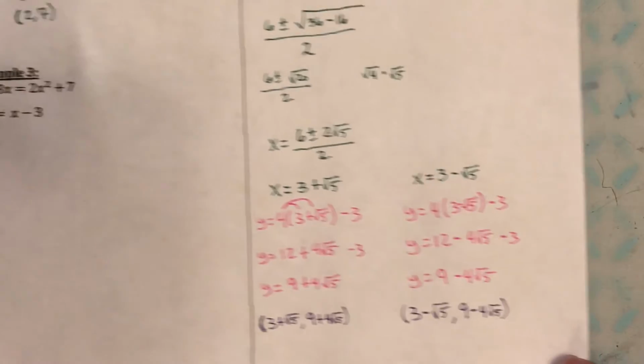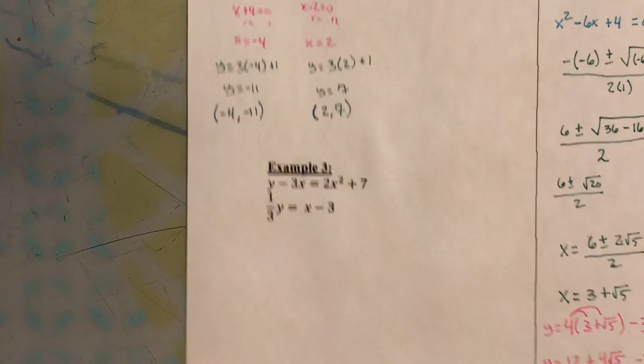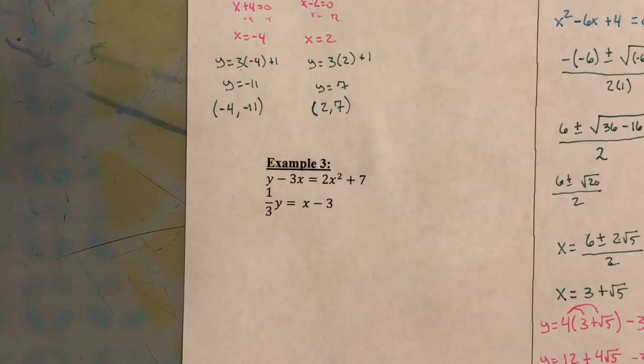So our third example that we're going to look at, we have y minus 3x equals 2x squared plus 7. The other one with it is 1/3 y equals x minus 3. So for this one, we do have to do that first step.